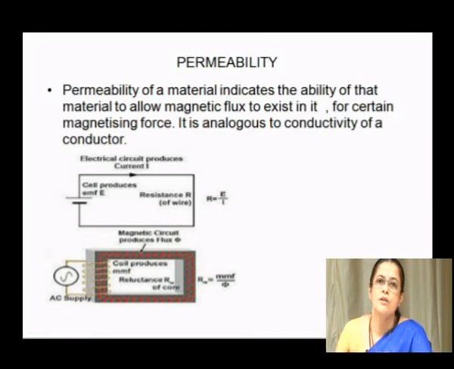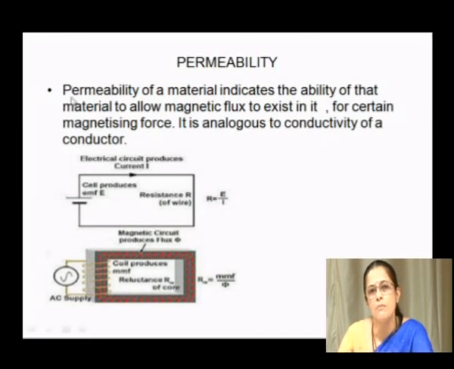Next, we will move on to the definition of permeability. Permeability means to allow. Just the English term, if you take permeable, it means to allow.